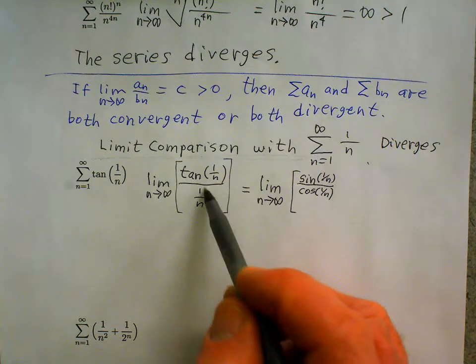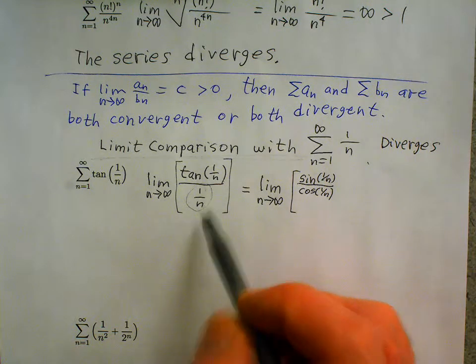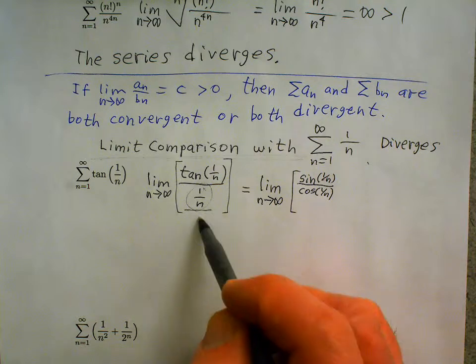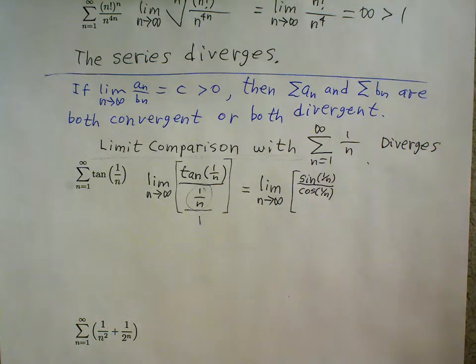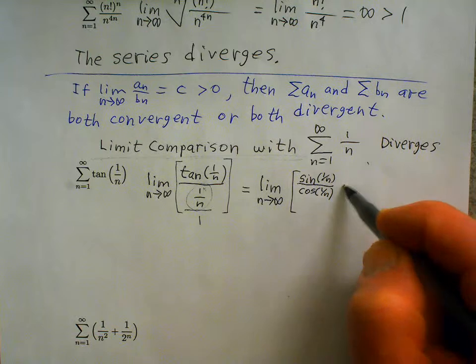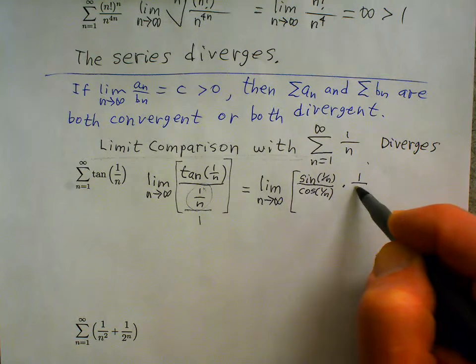And think of the 1 over n in the denominator as 1 over n over 1.